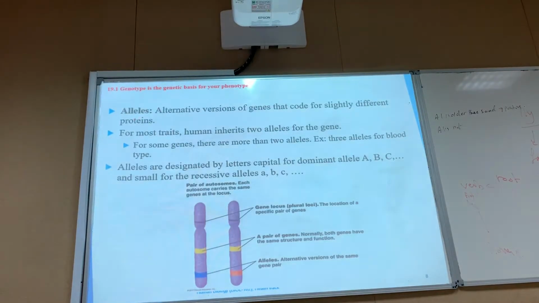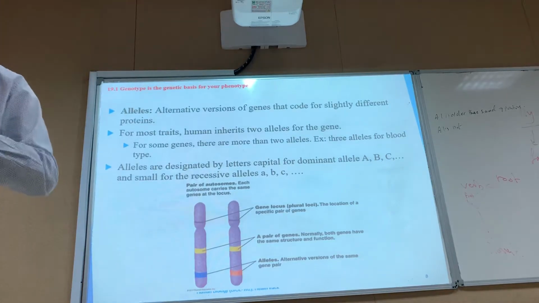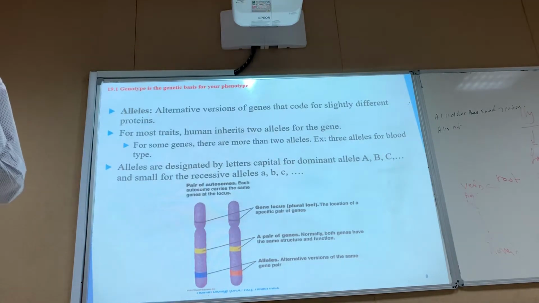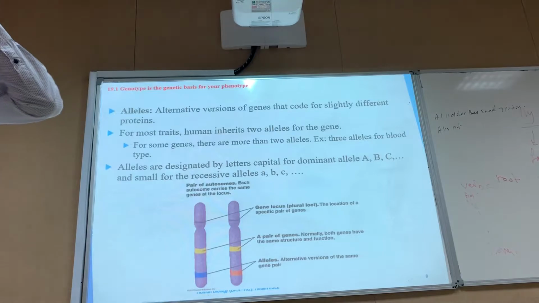So remember we talked about the allele before. The alleles are the alternative versions of the same gene. They have slightly different DNA sequences, which gives them different phenotypes depending on which allele you get. In this case, if you have unattached earlobes like me, this is a dominant phenotype.